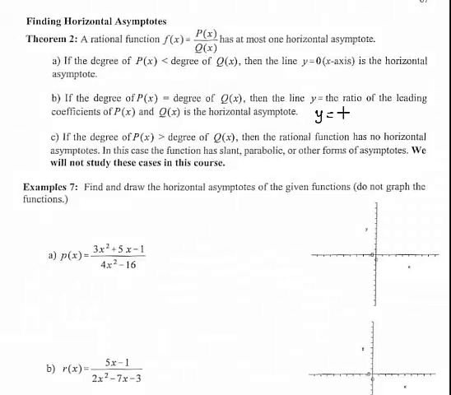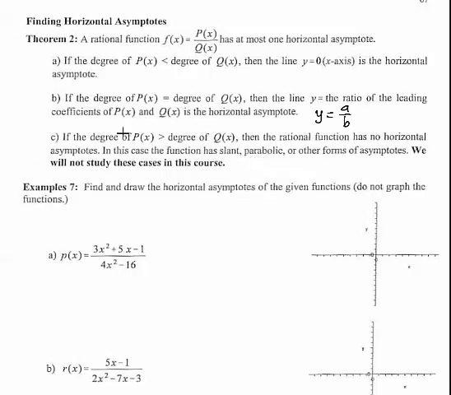So y is going to look something like some number a on top and some number b on the bottom. It's going to be a fraction. Don't read any more into a and b other than that we've got a number that we're dividing by another number. The point is, it's not simply going to be 0 anymore if the degrees are equal.